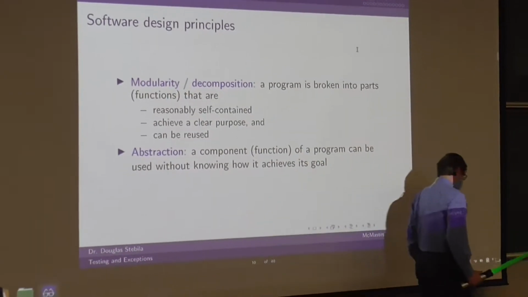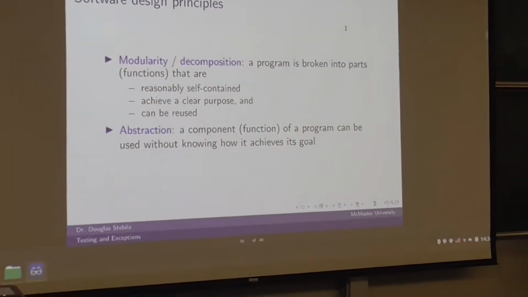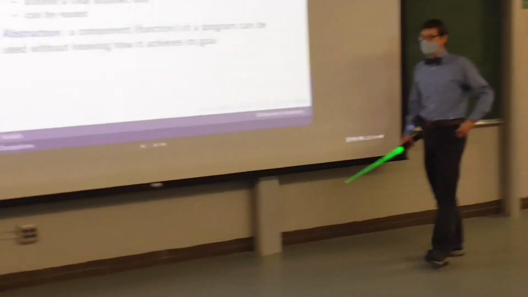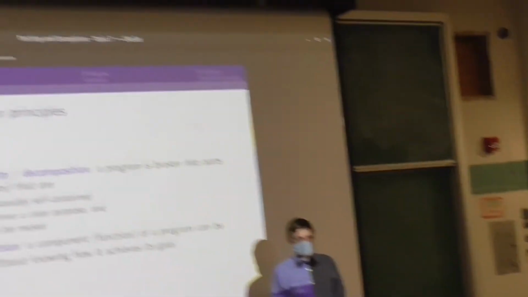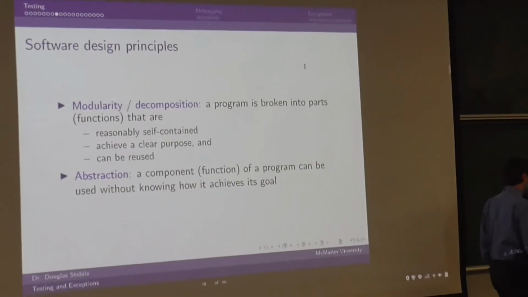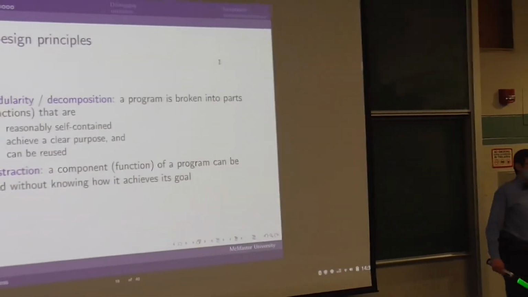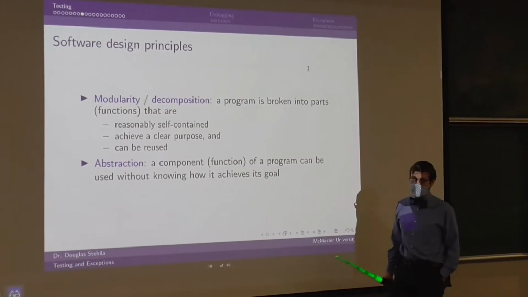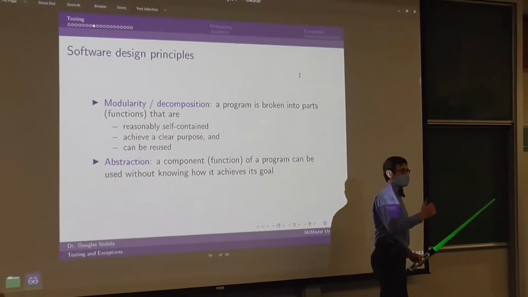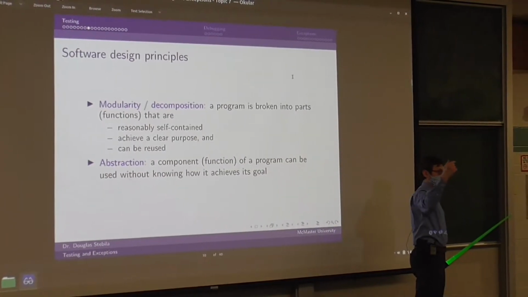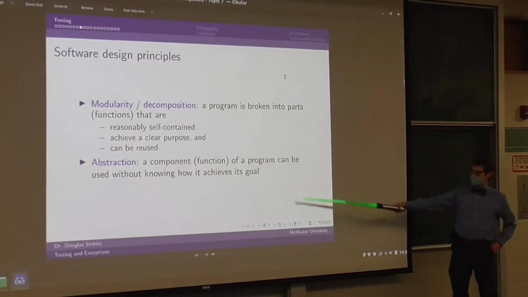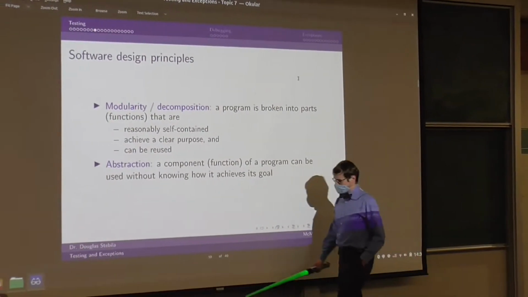What abstraction allows us to do is ignore those details of an implementation which are irrelevant, right? We can deal with a function without having to know how it performs its operations. All we need to know is what goes in and what goes out, right? So abstraction, also a very important principle.